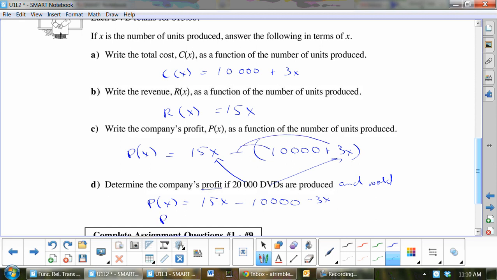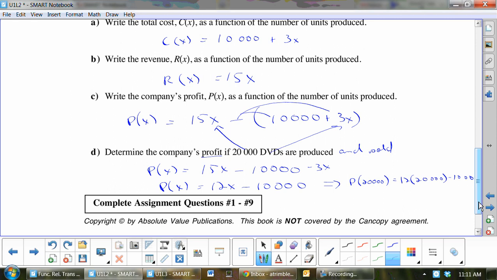And so P of X would equal 12X minus 10,000. Now you can put your P of 20,000 equals 12 times 20,000 minus 10,000. And that would give you $230,000 in your pocket.